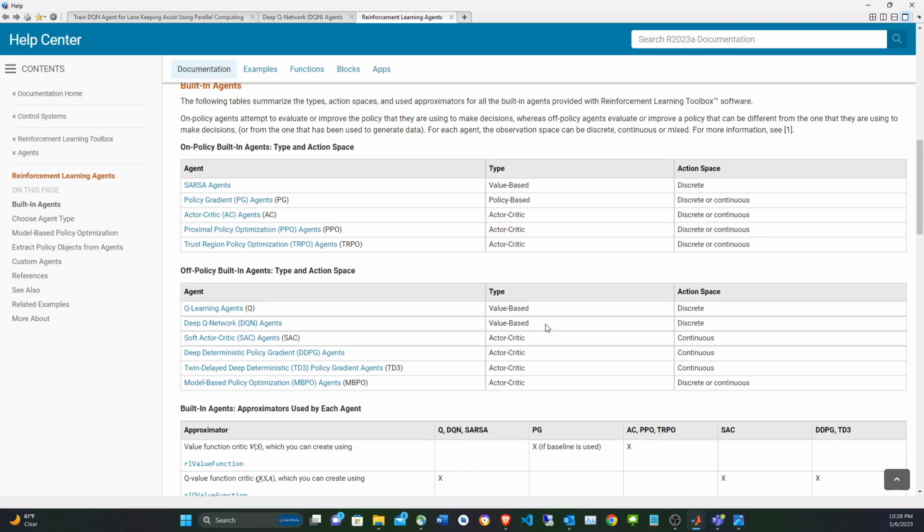And one detail about parallel computing in reinforcement learning training that I would like to clarify relative to my last video is that there are two ways to compute the experiences and the gradients in these agents. One of them is called experience-based parallelization, and the other one is gradient-based parallelization.